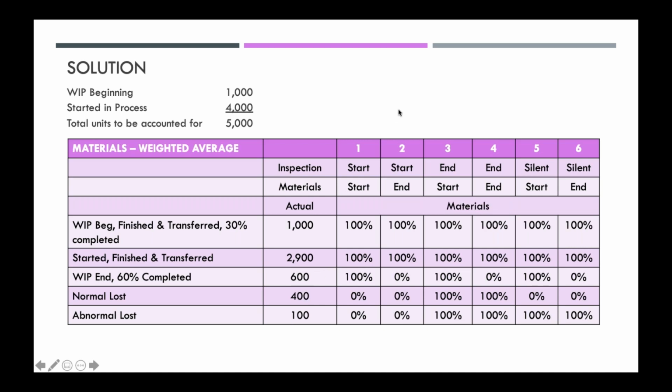For weighted average, parehas lang ito. It's just that this time, we will not account separately for the work in process beginning. So as you can see, lahat yon 100%. Okay, 3,900, 100%.